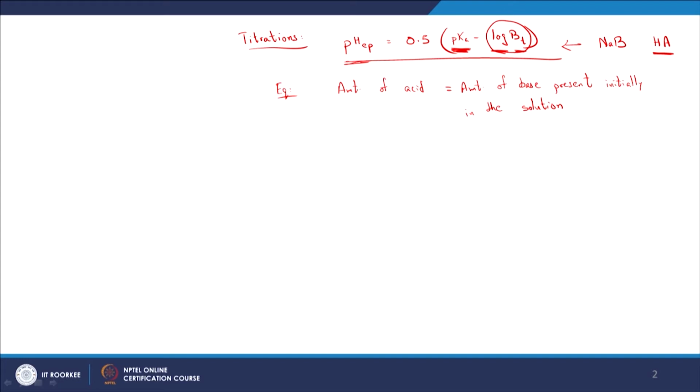So in effect, what does this mean? So we have some base here in our solution. We know what the base is, right? That's why we have the pKa value of that particular base or weak acid. So we know the base, but we do not know the concentration.